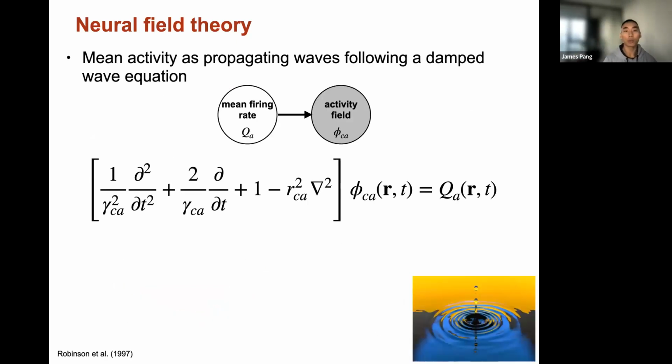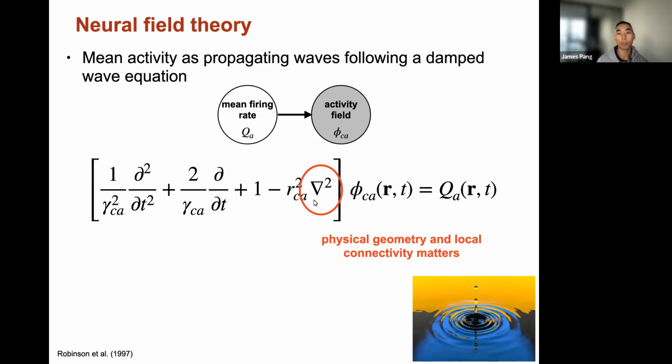And most importantly, neurofield theory approximates that the firing rate of a population can affect another population to give rise to its activity following this damped wave equation, much like how when you throw a pebble into a pond, the activity will propagate, but will exponentially decay in space and time.